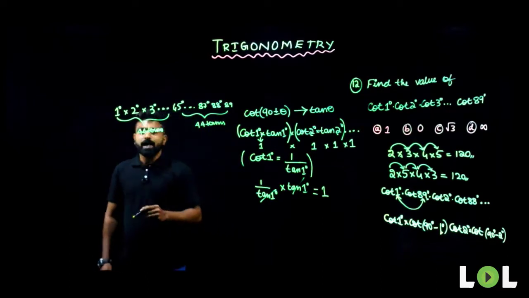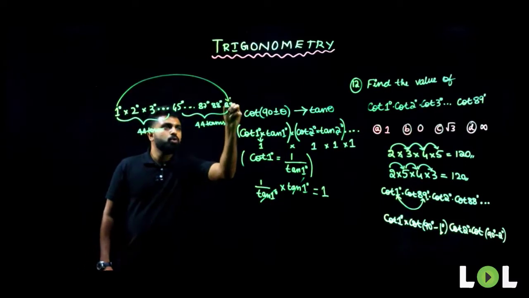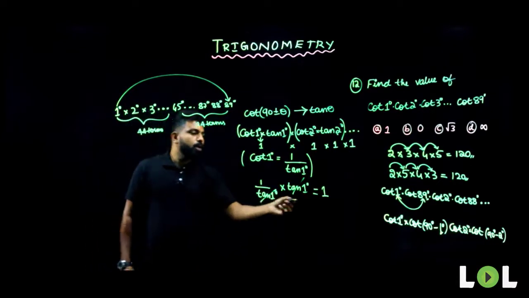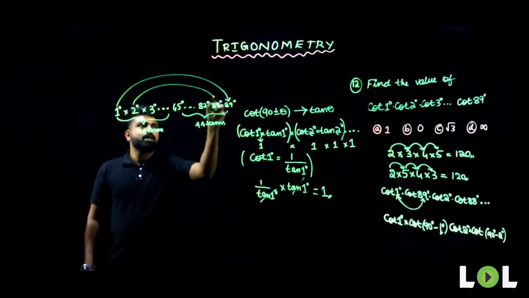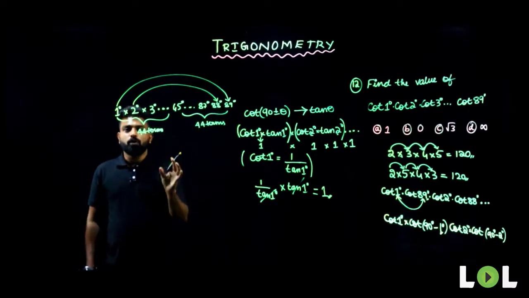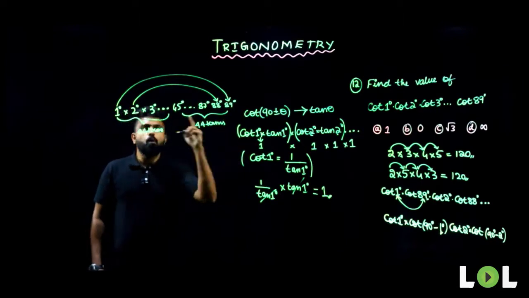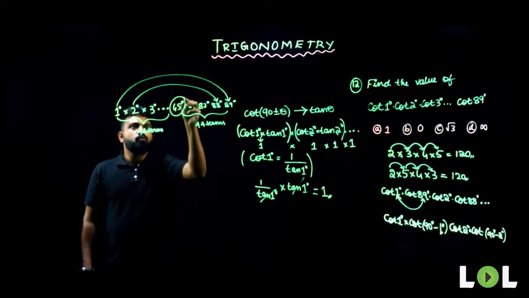Now, you know that two terms which are complementary angles will give you the answer of 1. So, how many pairs are there here? There are 44 pairs. One term from this, one term from this, meaning two terms will form one pair. So similarly, there will be 44 pairs and 45 is the middle term.